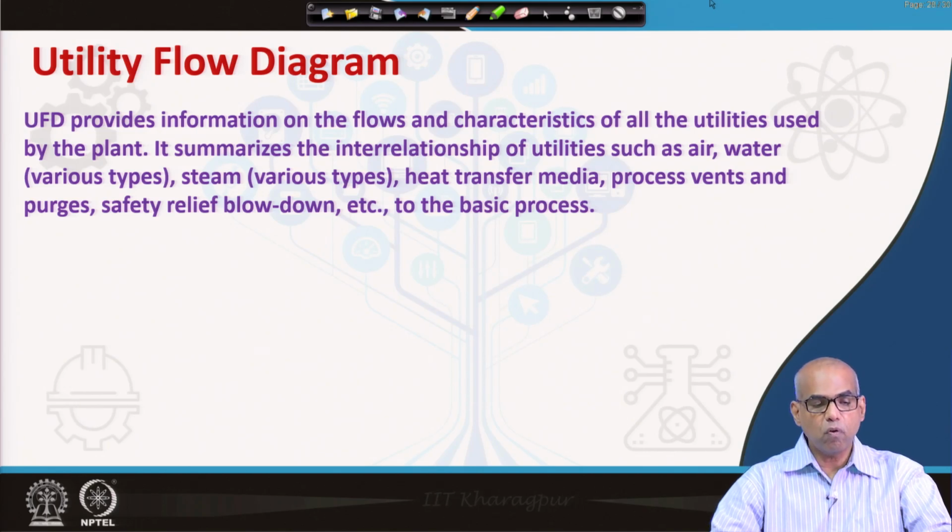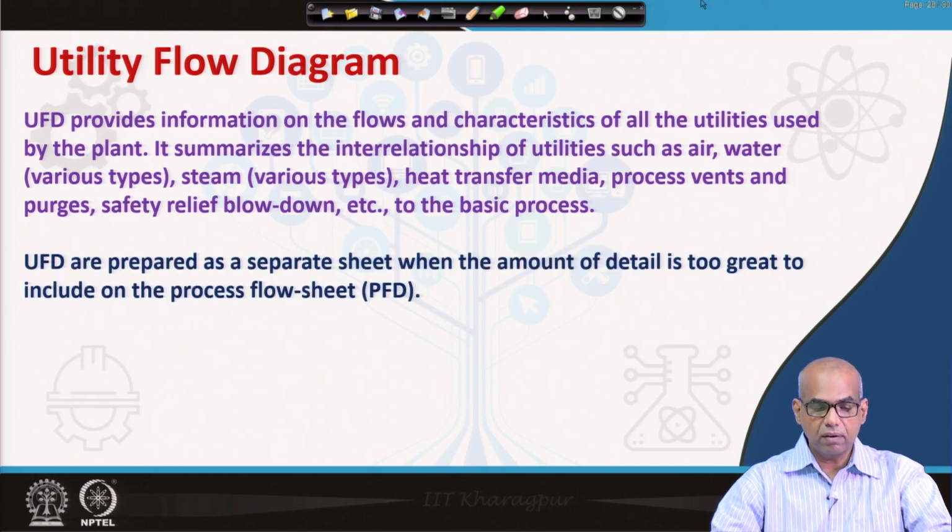Utility flow diagram provides information on the flows and characteristics of all the utilities used by the plant. It summarizes the interrelationship of utilities such as air, water, steam, heat transfer media, process vents and purges, safety relief, blowdown, etc. to the basic process.